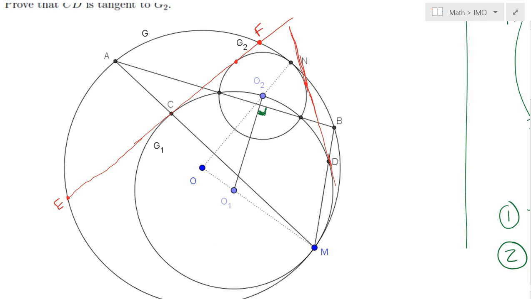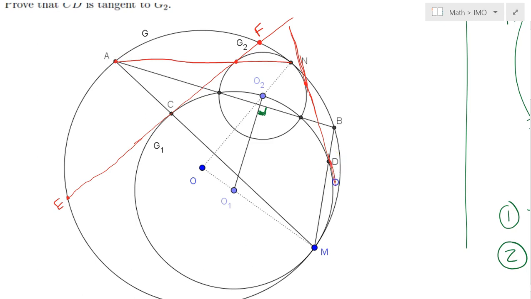EF is a chord, and this chord and the big circle squeeze G1 and G2, and as a result the dilation between G1 and big circle G will take C to A, and well, obviously it will take O1 to O, but I claim it will also take C to A, as A is the midpoint of the minor arc EF. The same thing will happen for the line NA. If I connect NA, I claim it will also pass through this tangency point here.